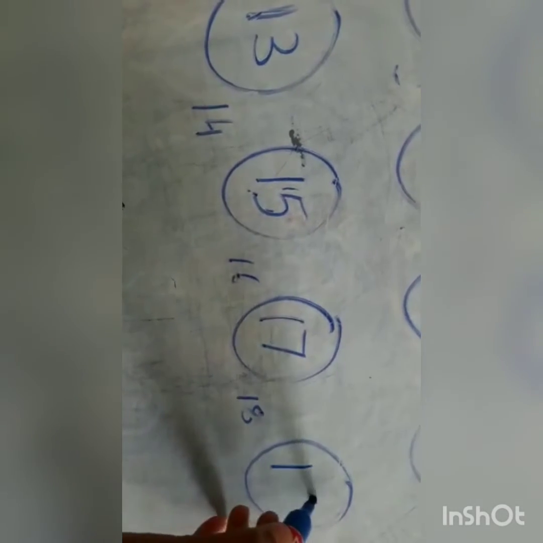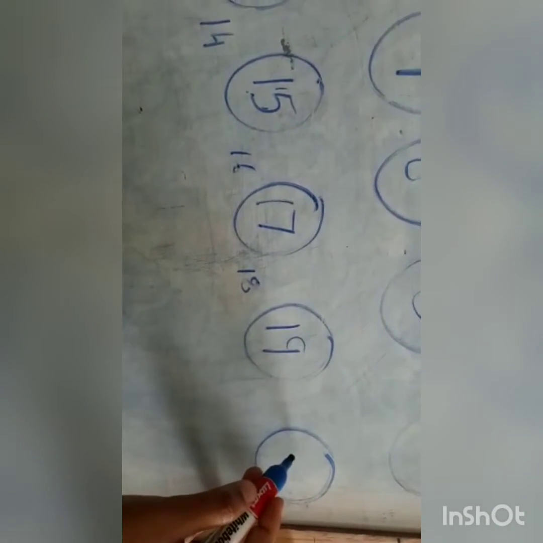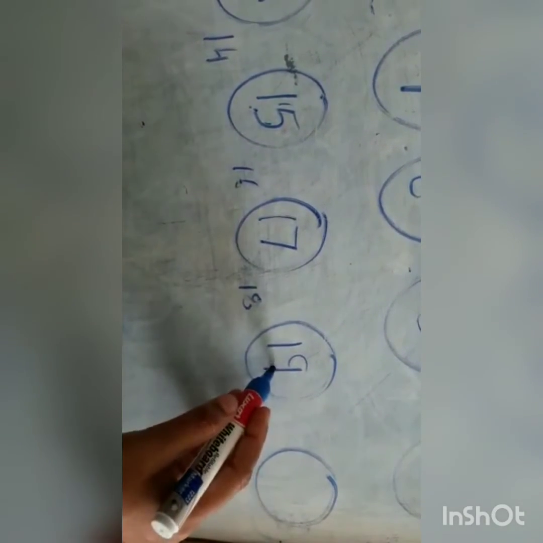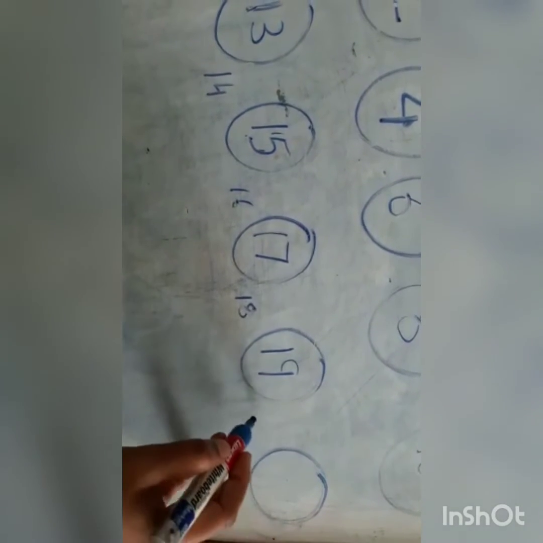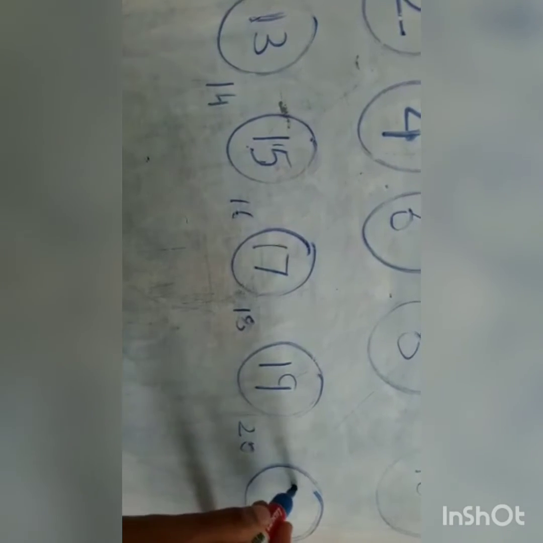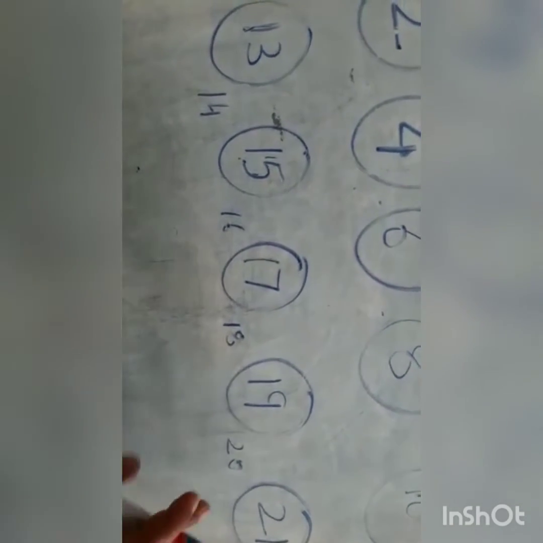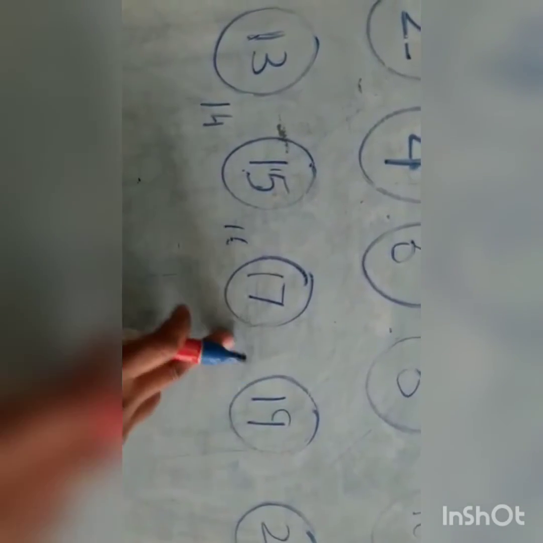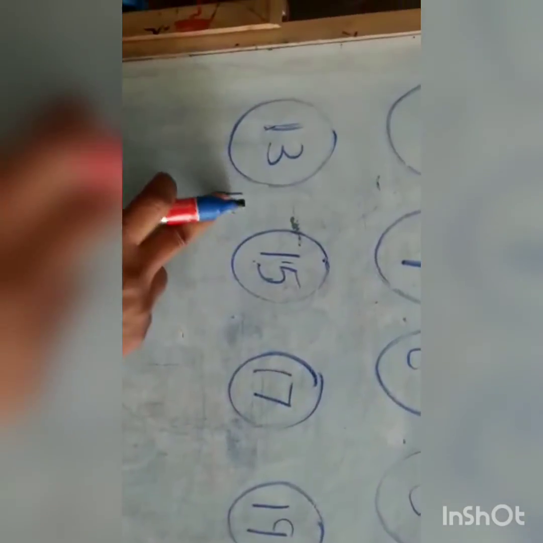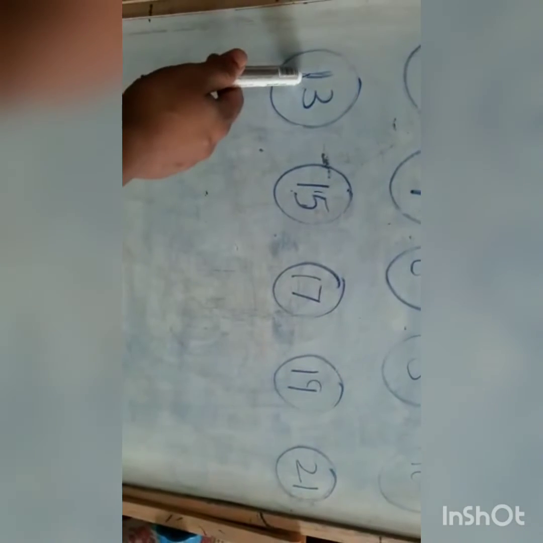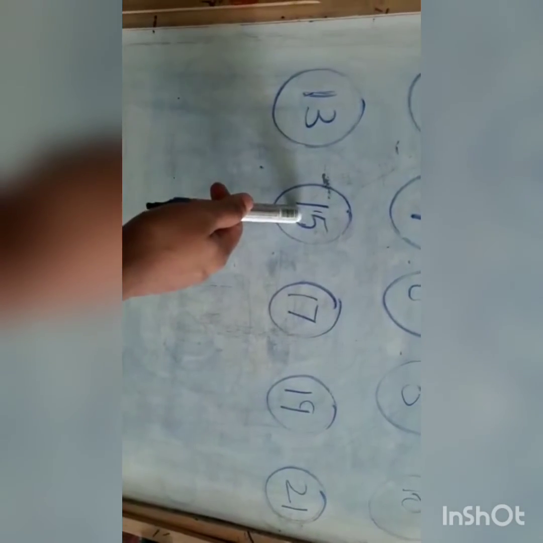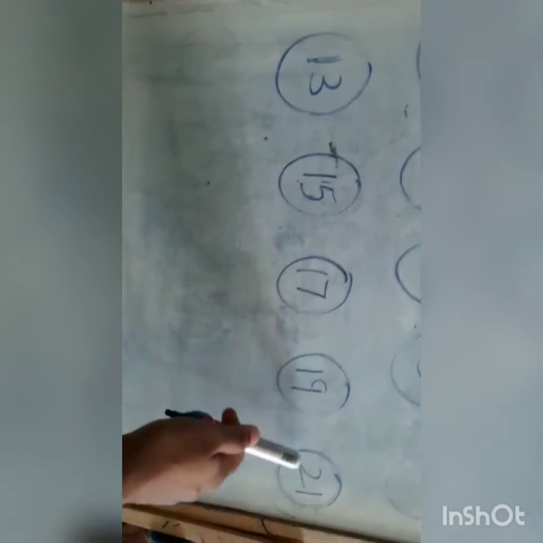Here is 19. Then what will be here? After 19, skipping by 2, which number will come here? 20 will be here. So this will be 21. So which numbers will be skipped by 2? See, this I am cancelling. So which numbers are skipped by 2? 13, 15, 17, 19, 21.